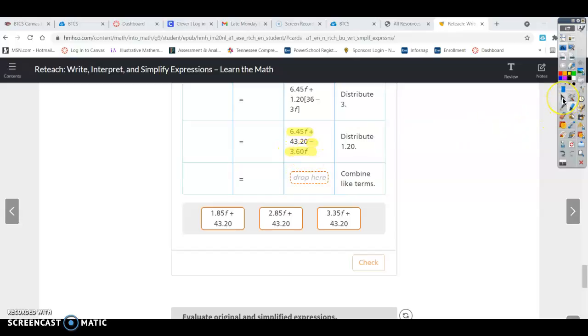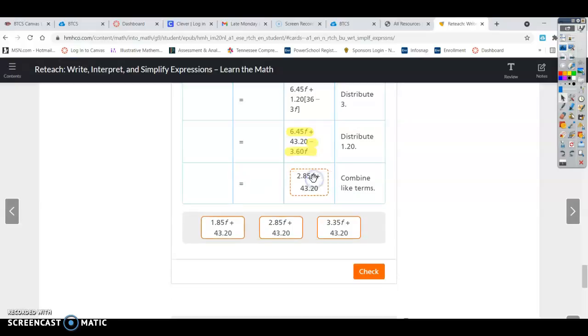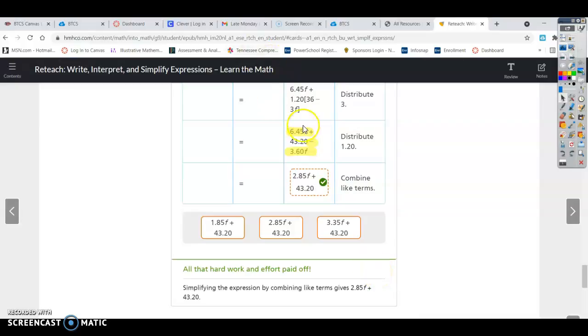So you have to do 6.45f minus 3.6f, which is going to be 2.85f plus 43.2. As long as you don't lose that negative, everything should work out perfectly.